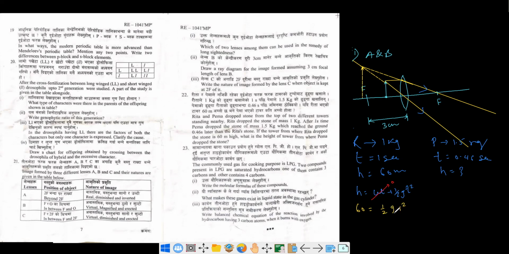Time is 1 second, so we have to calculate the value of g here. So this is 2 into 60 is 120 divided by 1. Okay, so g is very high here, 1 square. So 1/2 this much. Okay, g equal to 120 meter per second square. So we have to calculate here the height. h equal to again ut plus 1/2 gt square.